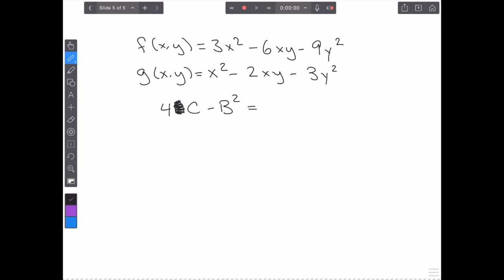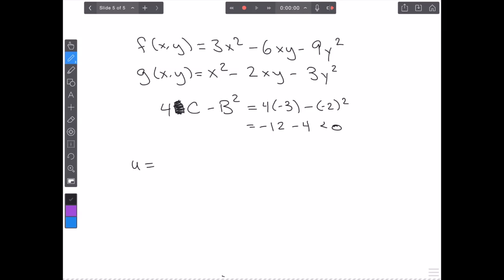And we can see that this is 4 times minus 3, right? So we have 4 times minus 3 minus b squared. So that's minus 2 squared. And so we have minus 12 minus 4, and that's less than 0, right? It's minus 16. So we do our same trick, right? We factor g.